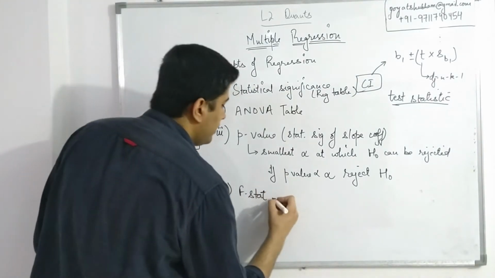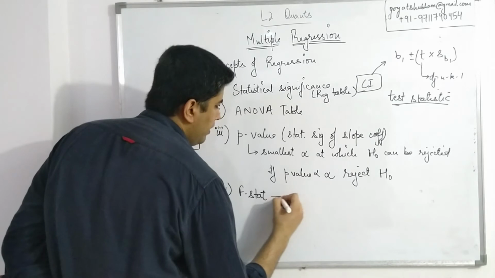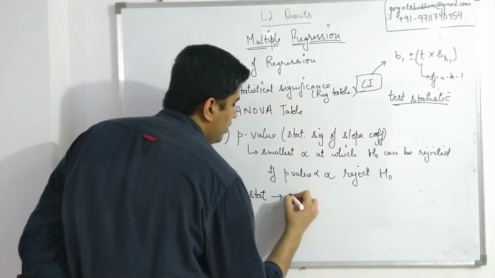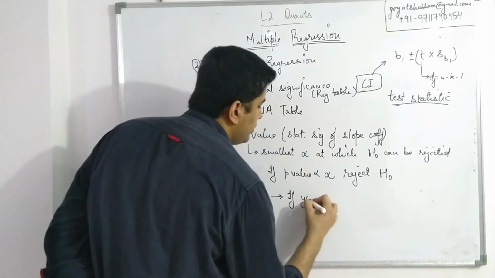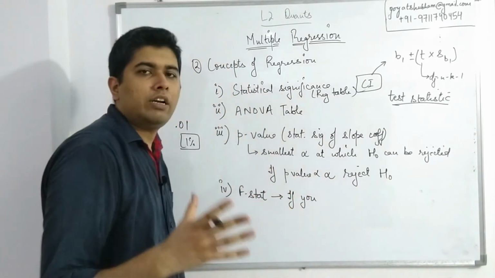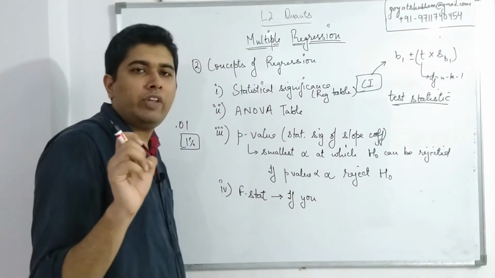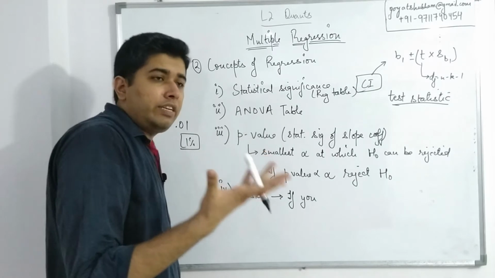But in this case, let's say you reject, which means f-stat is telling you that the model as a whole, all independent variables taken as a whole, are statistically significant.